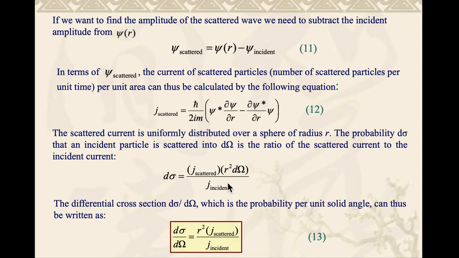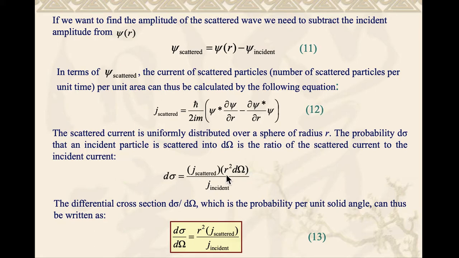And actually you have an incident current and a scattered current, so that will give you the ratio of scattering. Through a particular area, this is the area on the spherical surface which subtends an angle d omega at the origin.